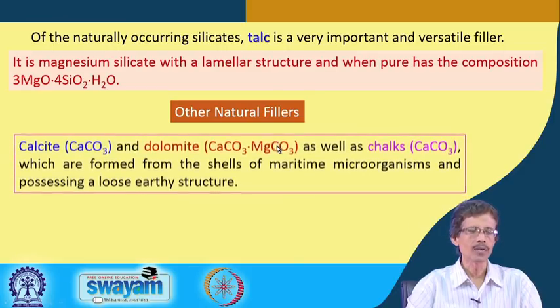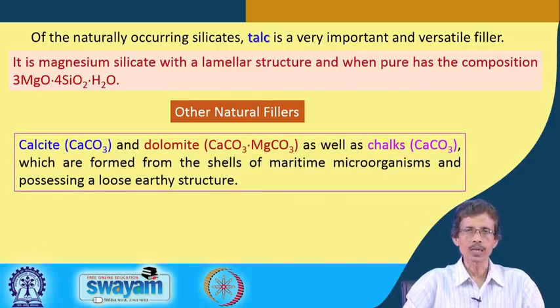Other natural fillers, besides SiO2 and talc, are calcite, which is calcium carbonate, and dolomite, which we know is a very good source of calcium and magnesium. We can use dolomite as a substitute for cement material also, as well as chalk, that means calcium carbonate.